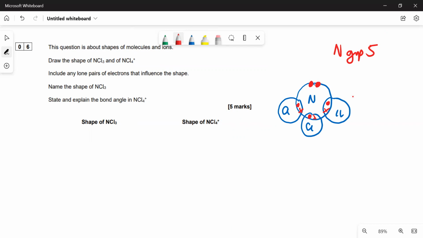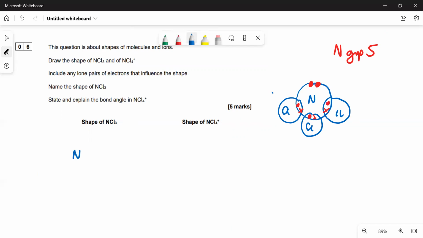Right, so the shape of NCl3 then. Name the shape of NCl3. That's what we've got to do here. Okay, so I'll draw the NCl3.